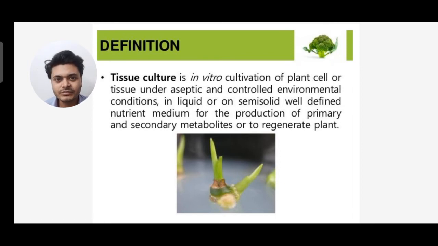If I apply auxin on that callus tissue, which has highly active cell division, it will yield root formation. And if I give gibberellin, then it will do shoot formation.